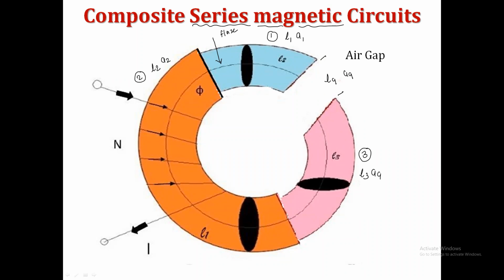And here the different materials have different dimensions, that's why it is called a composite series magnetic circuit. Composite means different components are connected together to create the magnetic circuit. Is it clear? What is meant by a composite magnetic circuit?